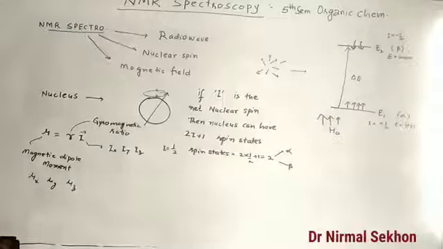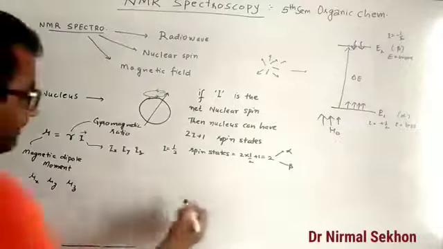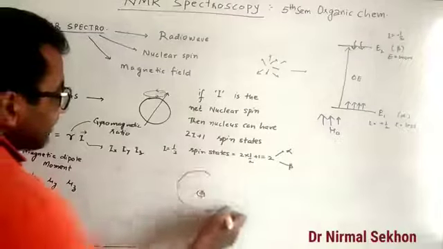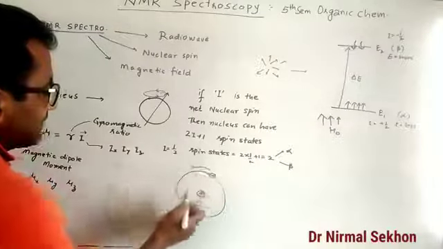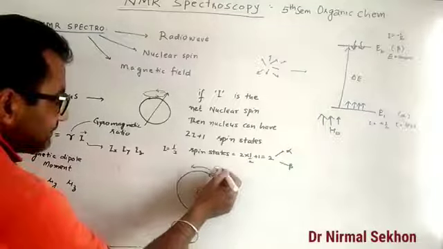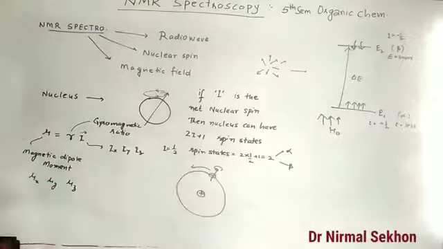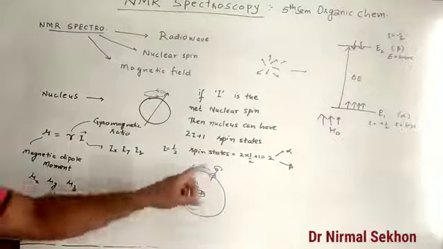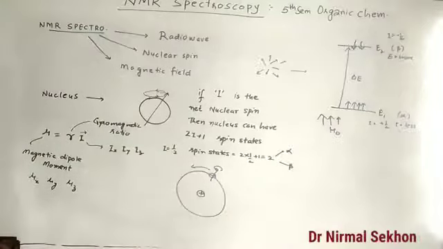Okay, so when any proton spins, it generates a magnetic moment, an angular momentum. Let me explain in terms of the electron. This is a nucleus, and the electron revolves around the nucleus in this direction, and this electron also spins. For the electron there are 2 types of angular momentum.